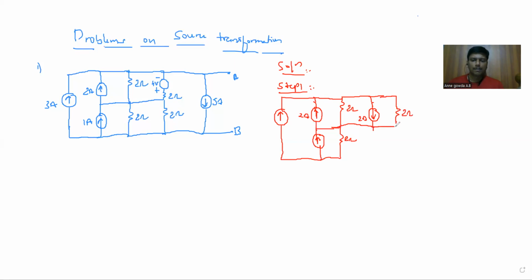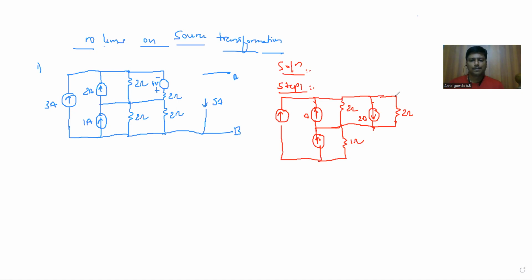And we can replace these two 2 ohm parallel resistances with a single resistance, that is 2 ohms in parallel with 2 ohms, which is 2 into 2 divided by 2 plus 2, it is 4 by 4, which is equal to 1 ohm.